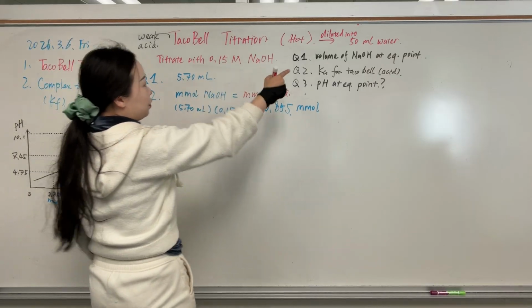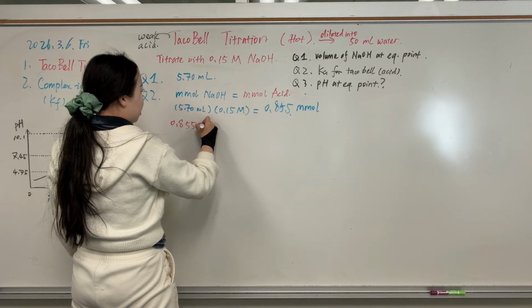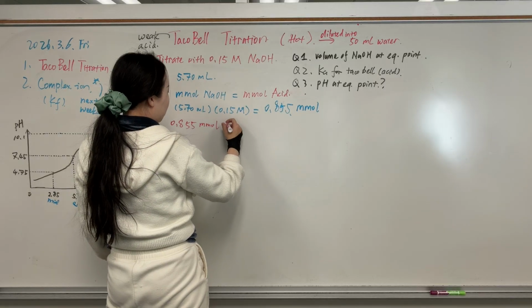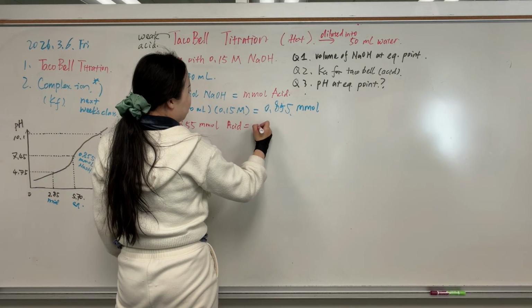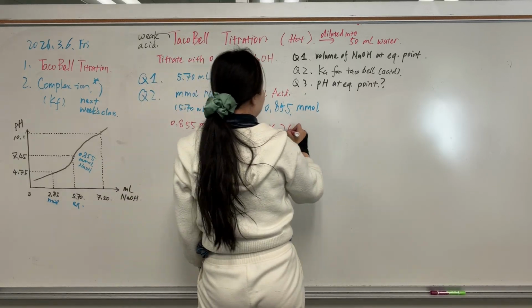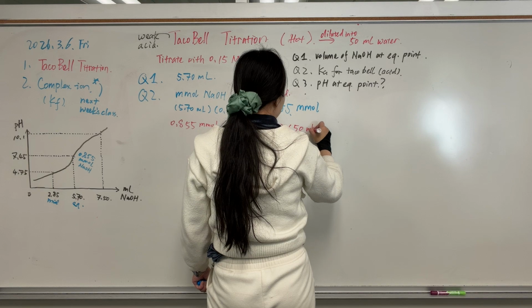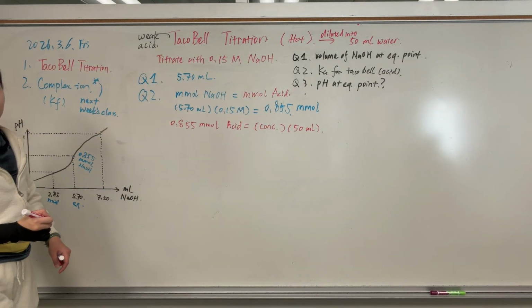I have 50 milliliters, so 0.855 moles of acid equals the concentration of it times 50 milliliters. So we can figure out the concentration, right?